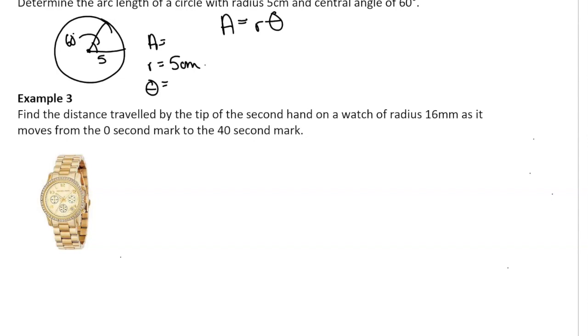Now, when we measure this, we're talking about the natural form of going around a circle, so it needs to be converted to radians, and we know that 60 degrees was pi over 3 radians. So the arc length will equal 5 times pi over 3. So the arc length will be 5 pi over 3 radians.